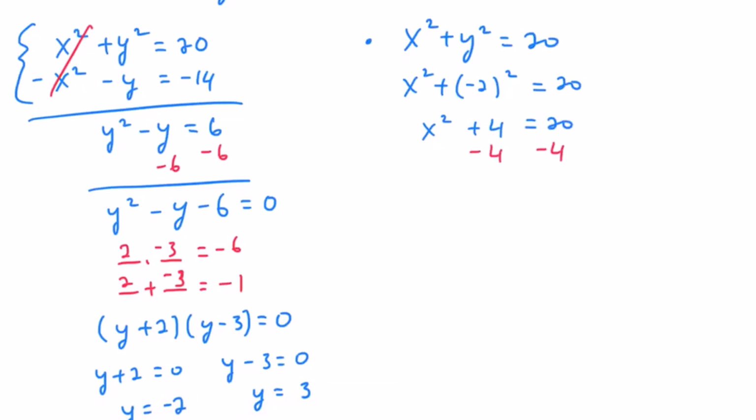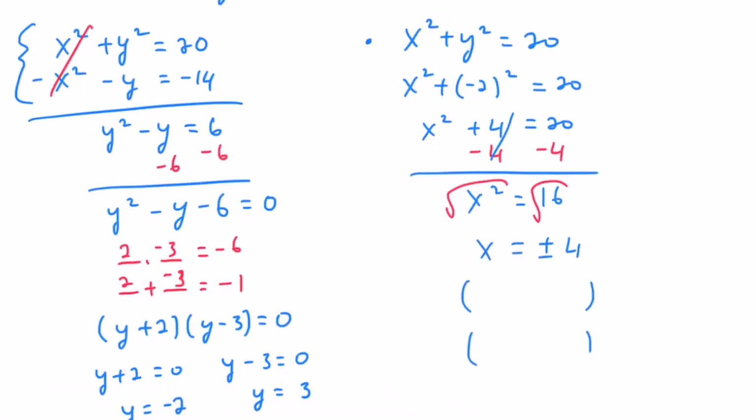Minus the 4 over. So x squared is 16. Take the square root on both sides. So x is plus minus 4. So there are two answers here. The y value is negative 2. The x value, one is 4. The other is negative 4.